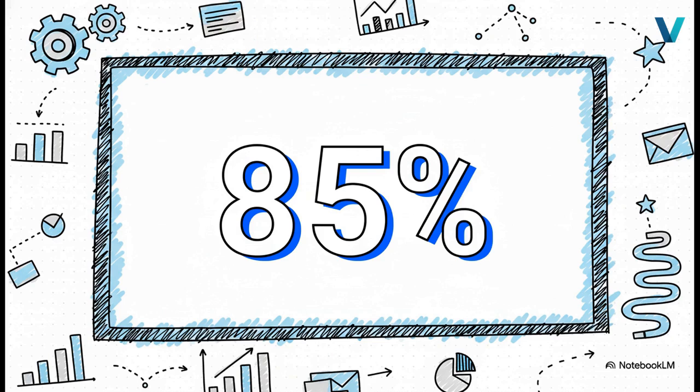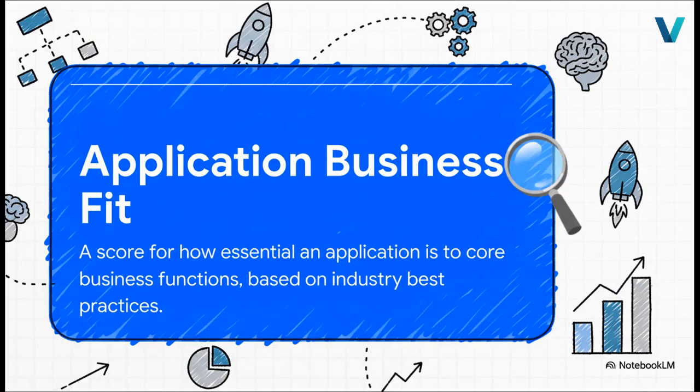This number is an AI-generated insight, and it's designed to make you ask exactly that kind of question. Well, it's called the Application Business Fit Score. And what's so cool about this is that the AI isn't just looking at your own internal data. It's actually using industry best practices to figure out how critical that application is for your core business operations. This gives you a really objective way to start prioritizing and rationalizing your entire portfolio.